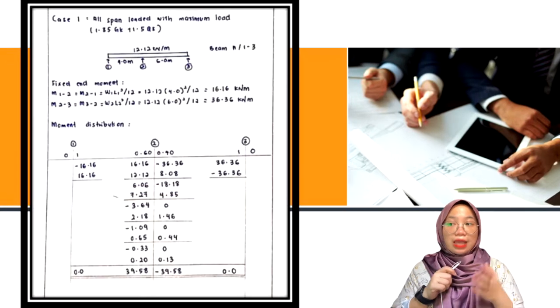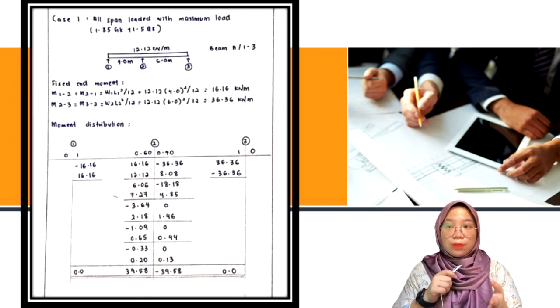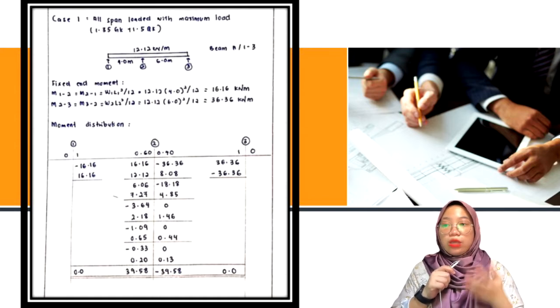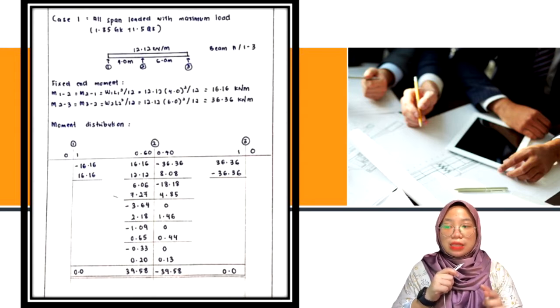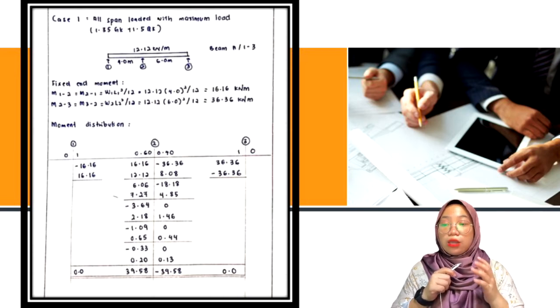1.00. Case 1: all spans loaded with maximum load according to the diagram. Next, we calculate the fixed end moment. For moment 1 to 2 and moment 2 to 1 it is 16.16 kilonewton meter, while for moment 2 to 3 and moment 3 to 2 it is 36.36 kilonewton meter. For the moment distribution, based on the calculation result shown on the slide, we get the sum at factor 0.60 as 39.58, and at factor 0.40 as negative 39.58.